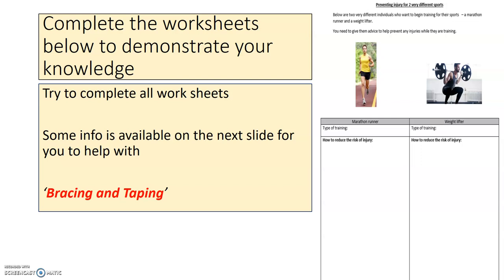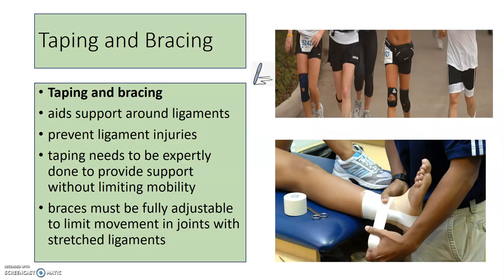And on the last slide here, on the next slide, you'll see a little bit more about bracing and taping for your note taking. As you can see here, taping and bracing basically supports the areas around specific ligaments, where we can have ligament damage if we sprain an ankle, so if we turn over our ankle, for example, and taping in these particular areas provides a little bit more support.